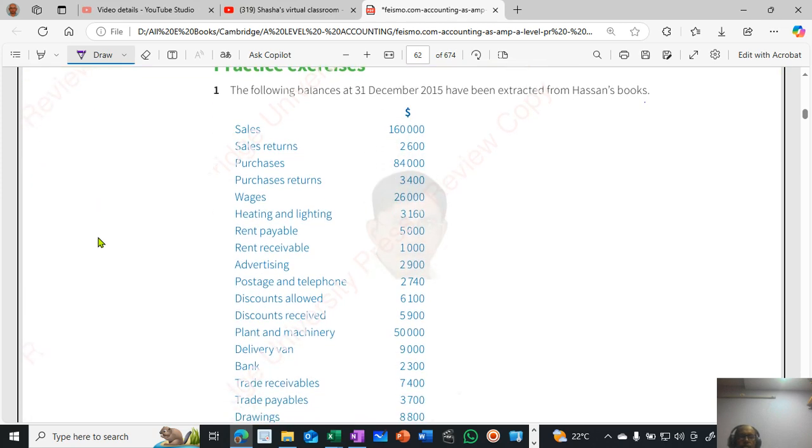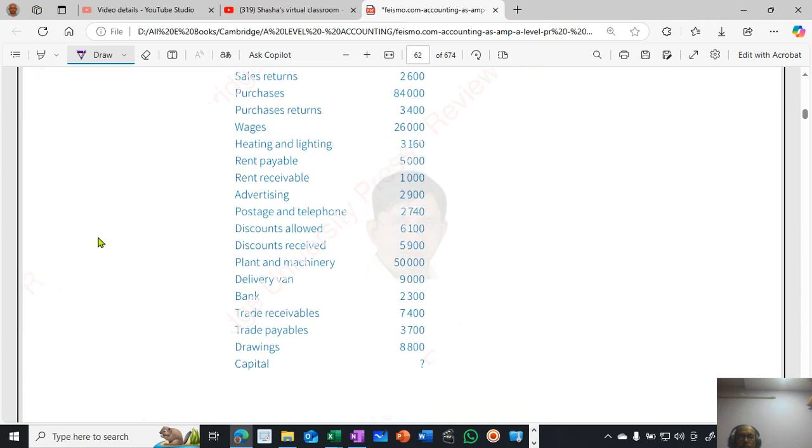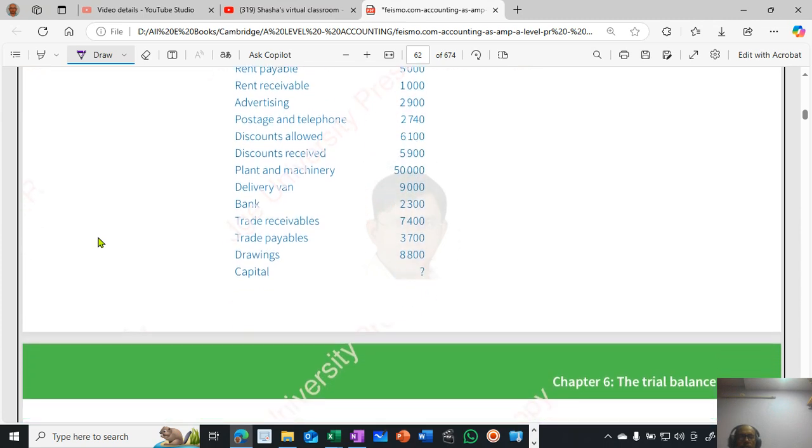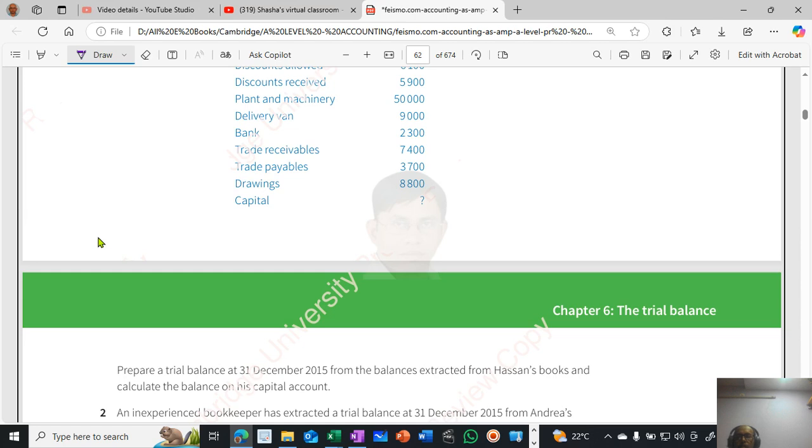Prepare a trial balance as at 31st December 2015 from the balances extracted from Hassan's books and calculate the balance on his capital account.